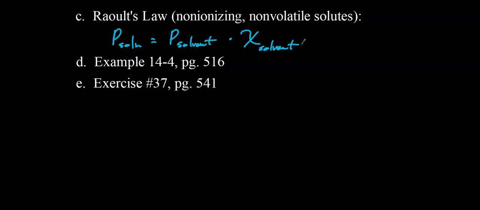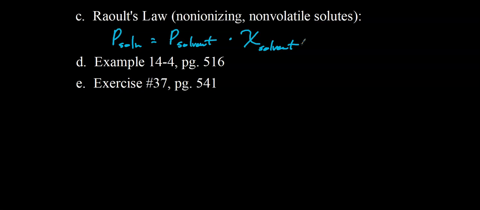The book goes through and does an example, as you'll see here in 14.4, where you calculate how much the vapor pressure is decreased by, and their setup is a little bit different. So let's take a look, 516. It says sucrose, a non-volatile, non-ionizing solute in water, determine the vapor pressure lowering. So how much does the vapor pressure go down by?